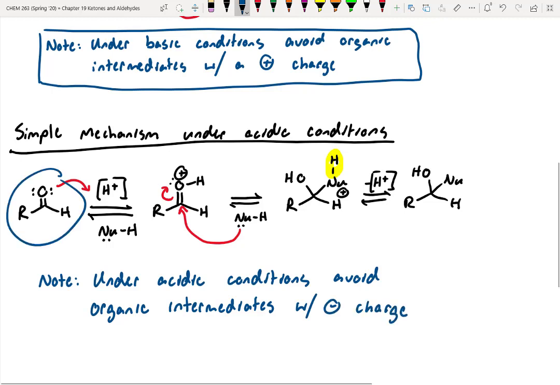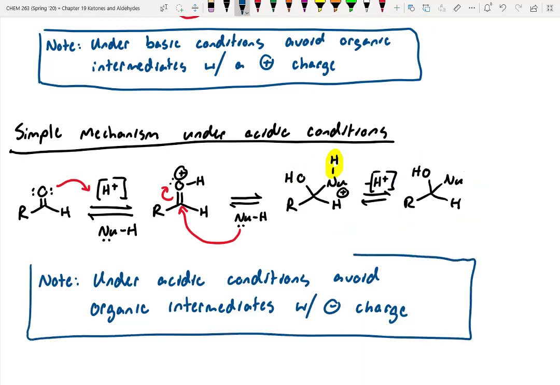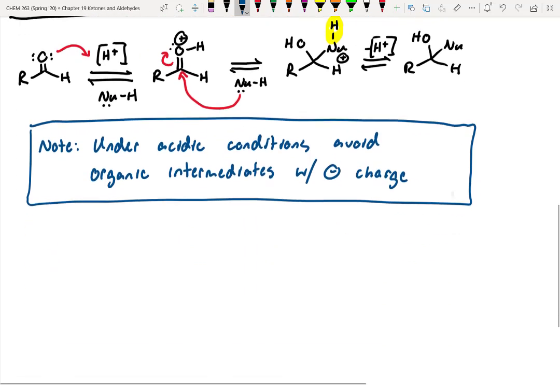So if we look at this, there's no negative charge there. If we look at our nucleophile, no negative charge there. If we look at this one, no negative charge there. If we look at this one, no negative charge there. And then our final product, no negative charge. So try to always pay attention to whether or not you're running a reaction under acidic or basic conditions.